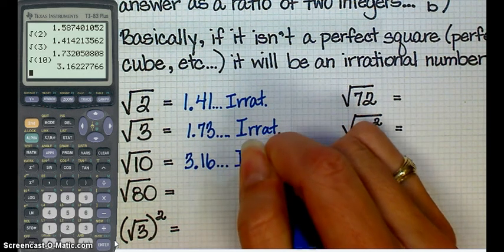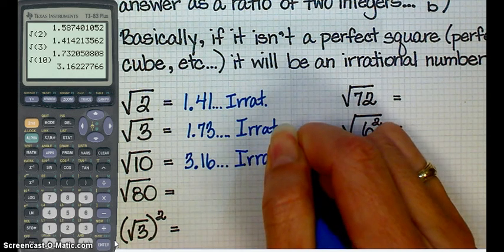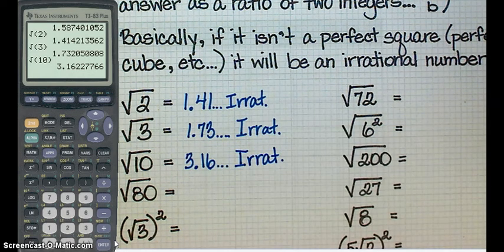I can't express it as a ratio of 2 integers. It's going to be irrational. 80 is not something that is a result when you square something. So for instance, 9 times 9 is 81, but 8 times 8 is 64, so neither one of them square to give you 80. So the square root of 80 is going to be another irrational number.